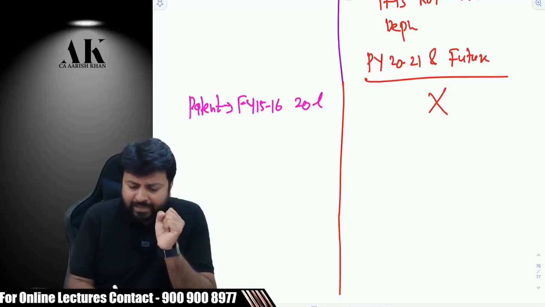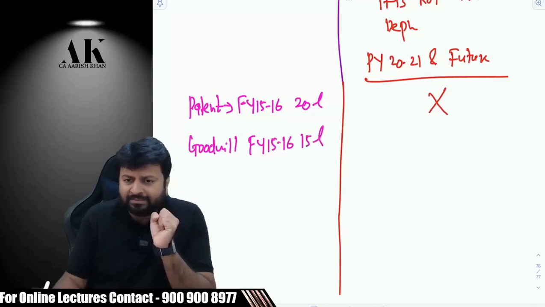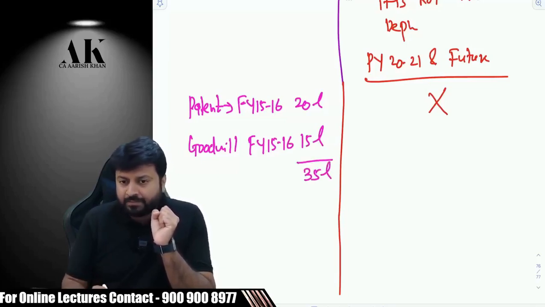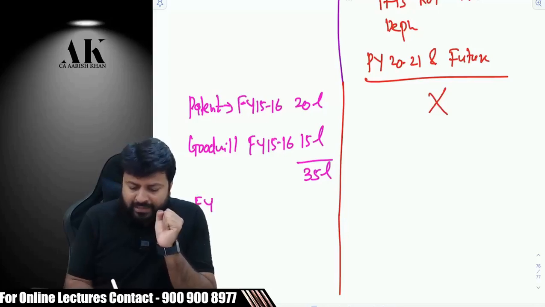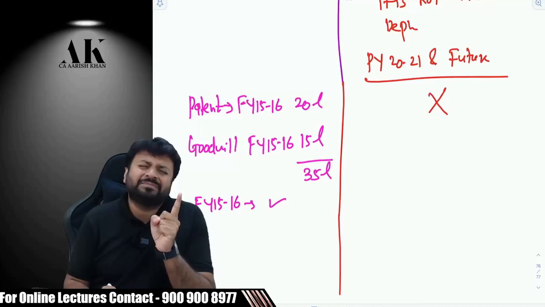At the same time, there is a person who has bought some goodwill in financial year 15-16 of 15 lakh rupees. Is goodwill depreciable at that time? Please say now. Yes, sir. Yes, it was depreciable. So in financial year 15-16, you will claim depreciation on both, right? Right or not? Yes, sir.